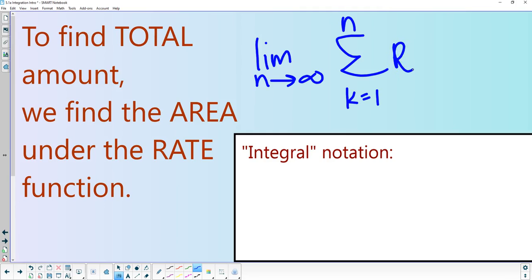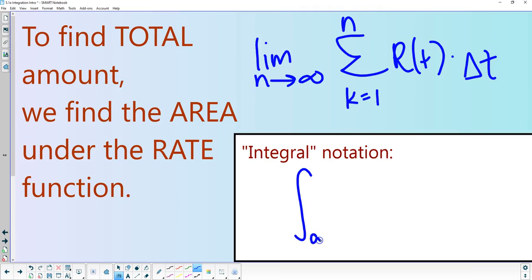And to sum up an infinite number of rectangles, it's going to be height times my change in time. But now my change in time is going to be infinitesimally small. Okay? That's a really clunky way of writing it. So instead we use integral notation. It looks like this. An elongated S for summation. Okay? That's called an integral, that elongated S.